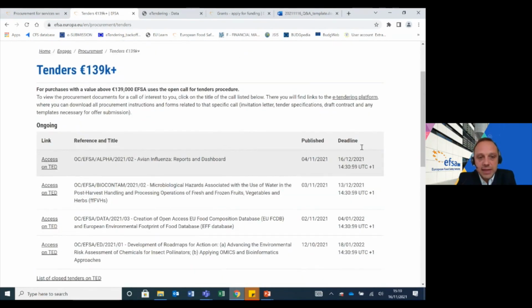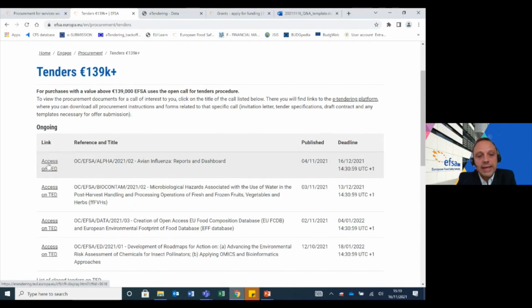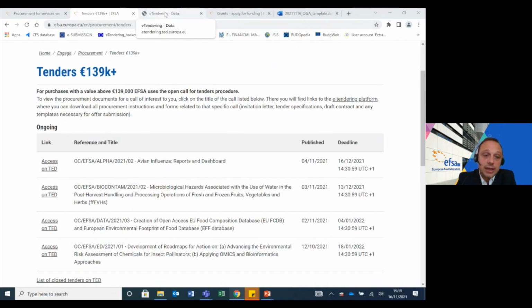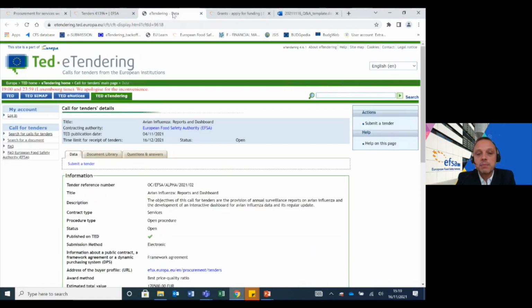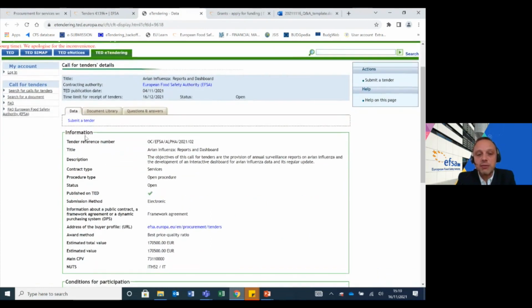On the left-hand side, you can click, and by clicking, you will be redirected to TED, the tendering platform of the Commission, where you will find the full set of procurement documents, as well as the instructions and the channel for you to apply for the procedure.